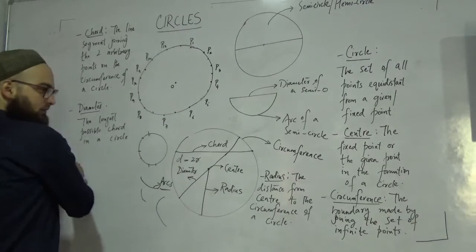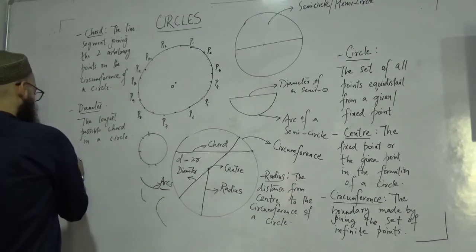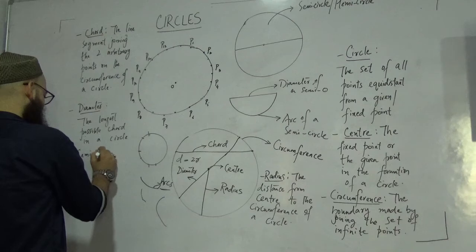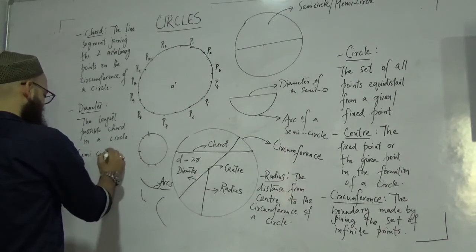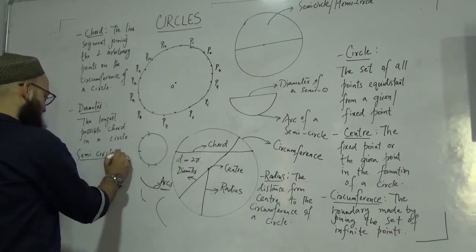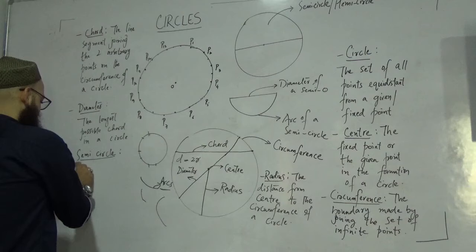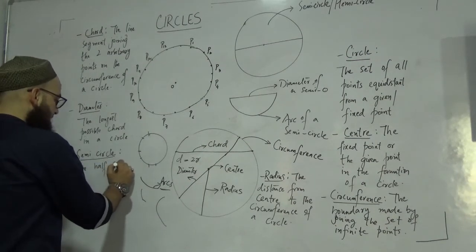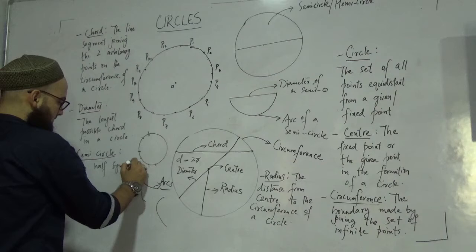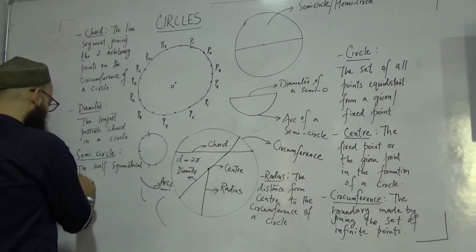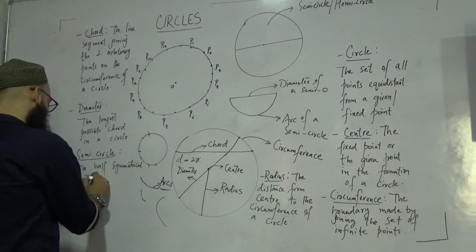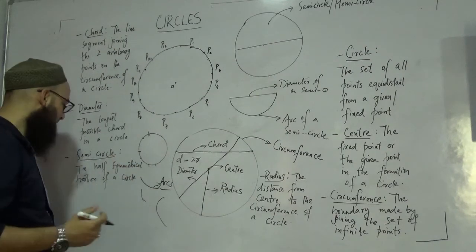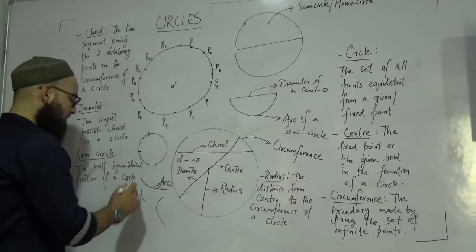So the next definition I can write is semicircle. The half symmetrical portion of a circle is called the semicircle.